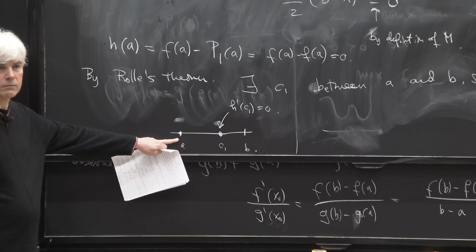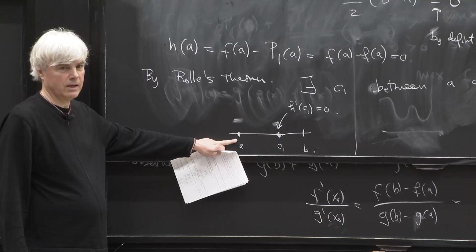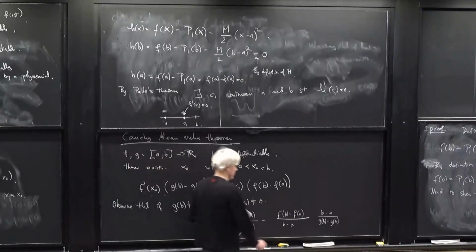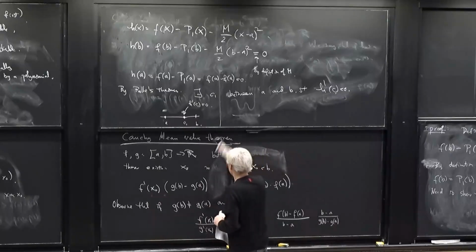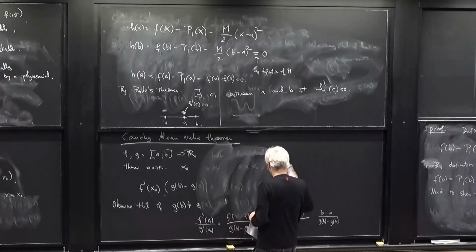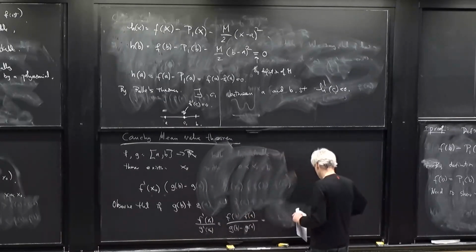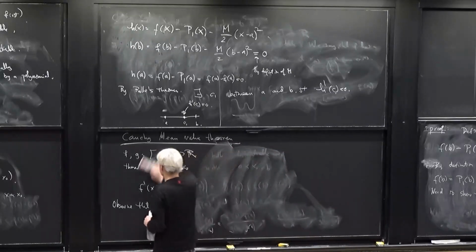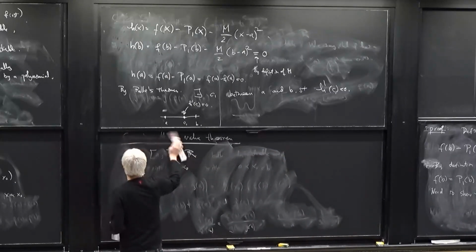Let's calculate what the derivative of h is at A. I want to apply Rolle's theorem a second time, but in order to apply Rolle's theorem a second time, I really need the derivative of h at A to be 0. But let's see what it's equal to.